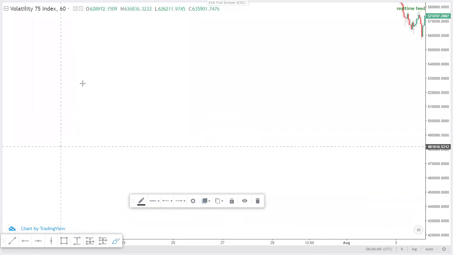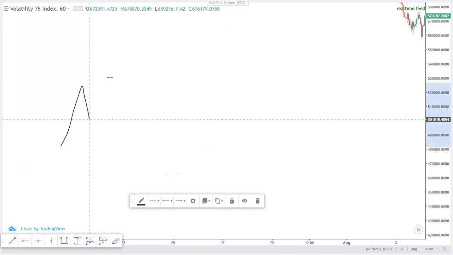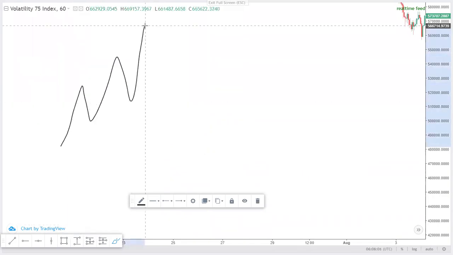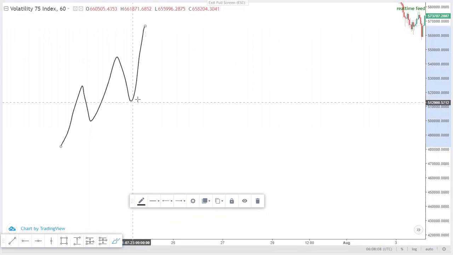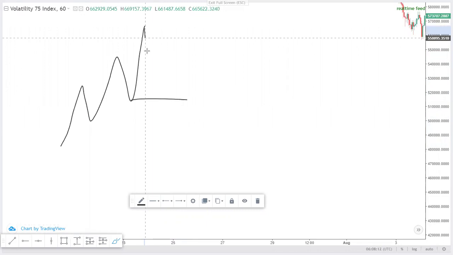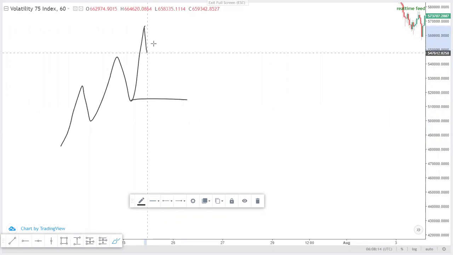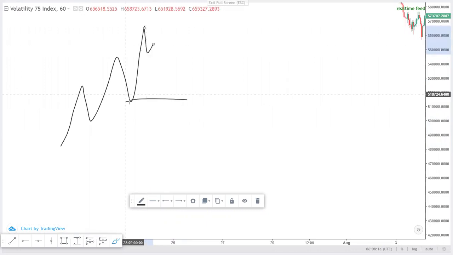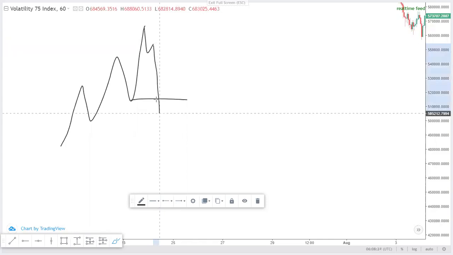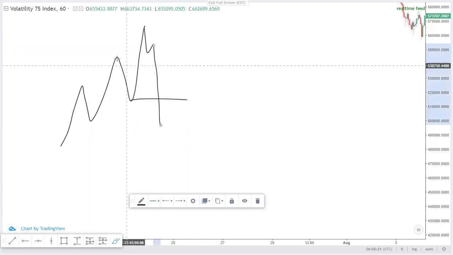Let's say we're in an uptrend. Before price breaks our structure, the market creates another structure before breaking this structure. Let's say the market creates this structure, then price moves and breaks it.